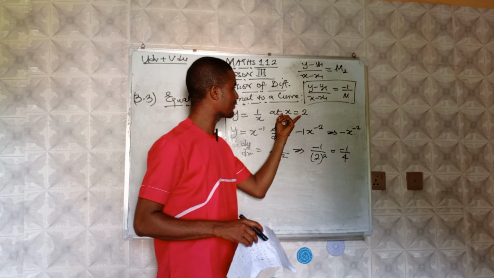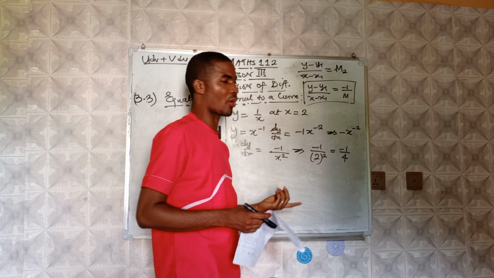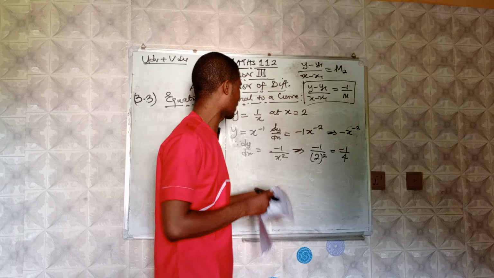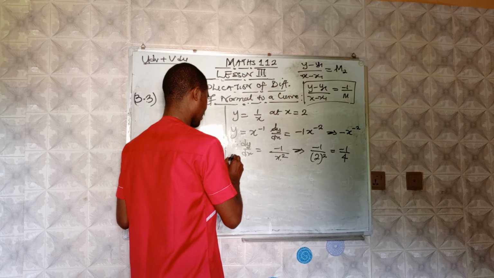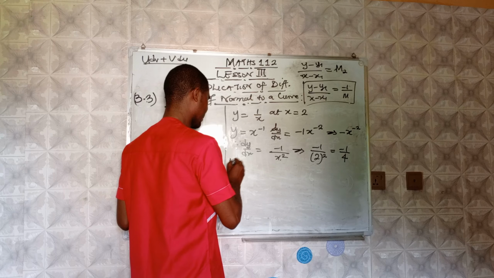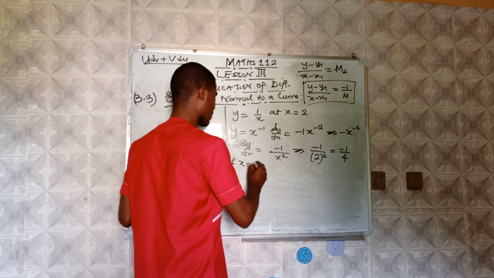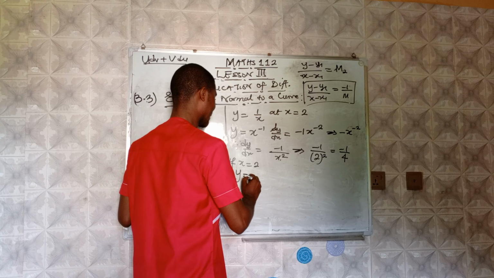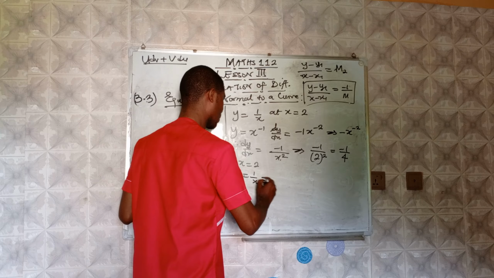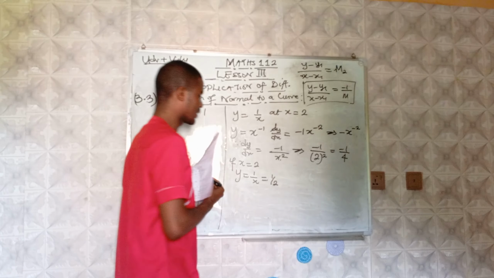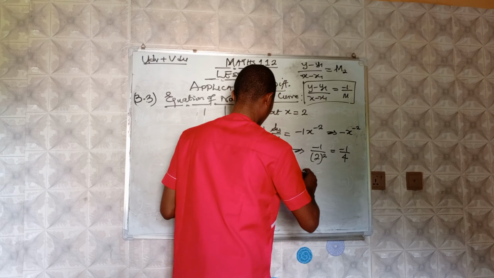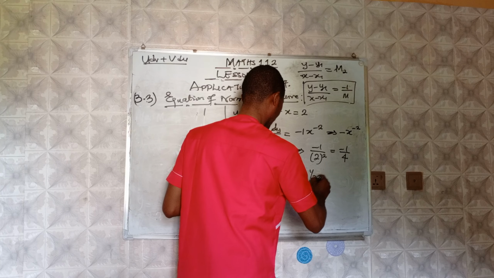Remember here I have the x coordinate, but they didn't give me the y coordinate. So I'm going to look for the y coordinate. If x is equal to 2, then y equals 1 over x, which is 1 over 2. So my coordinates become 2, 1 over 2.